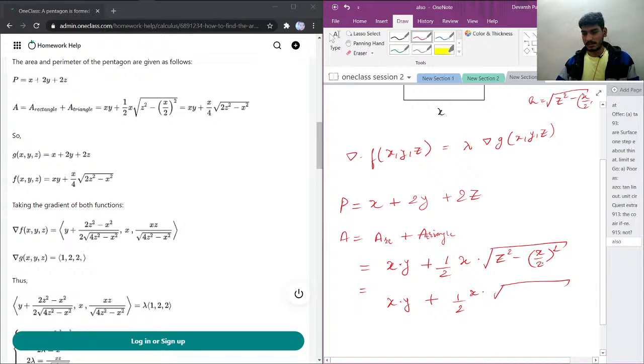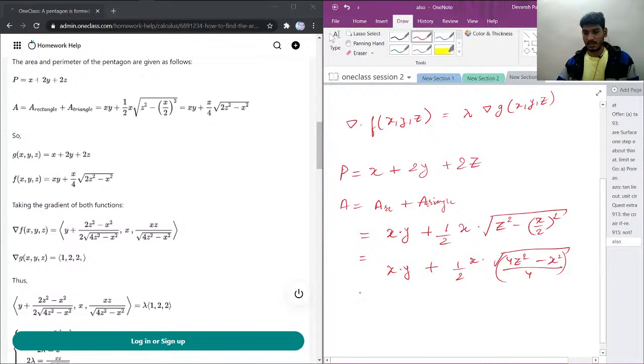I'll just take the LCM, and this will be 2 square, so this will become 4, and this will be 4 z square over 4 minus x square, and this 4 can come out of the square root. X times y plus 1 over 4 x times under root of 4 z square minus x square.